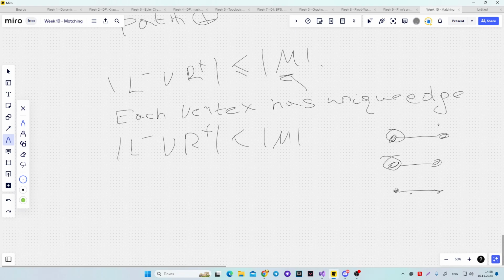Okay, and we get that this case is not true, and we get that L minus union R plus equals M.